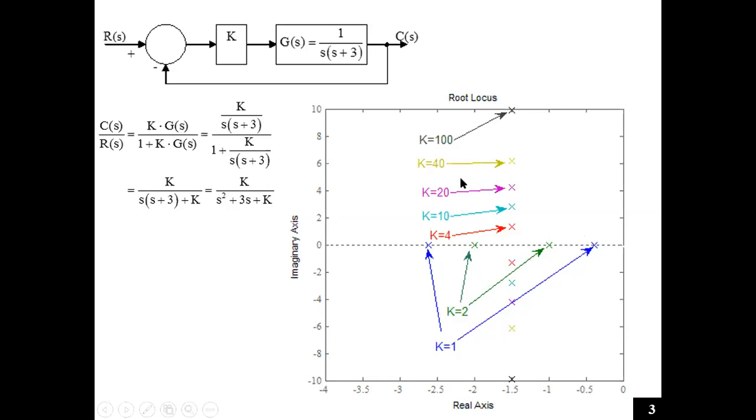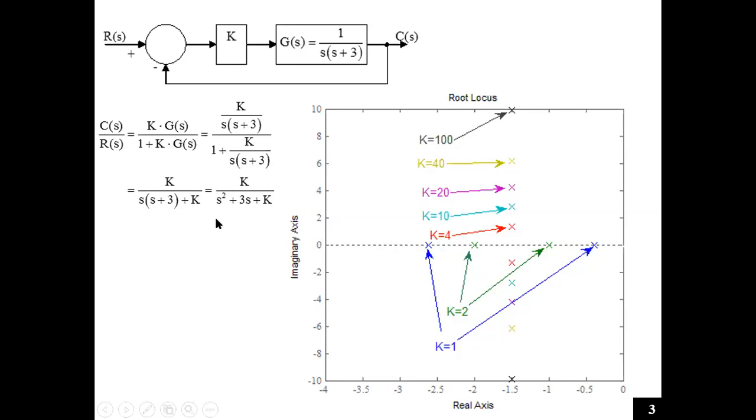So for a lower order system, like a second order system, we can manually calculate the nature of response. But if the order of the system is higher than 2, it will be difficult to find these pole locations.